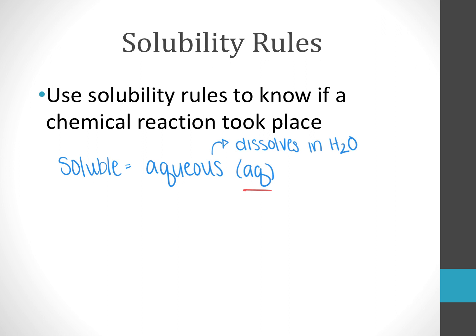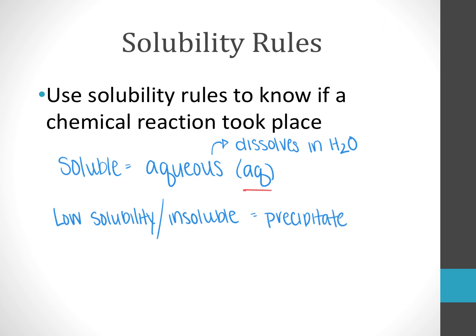And then if you keep looking at solubilities in the chart, you see that they can be soluble, or what's the other option? You'll see it either says low solubility or insoluble. That means you make a precipitate, which is just a solid.